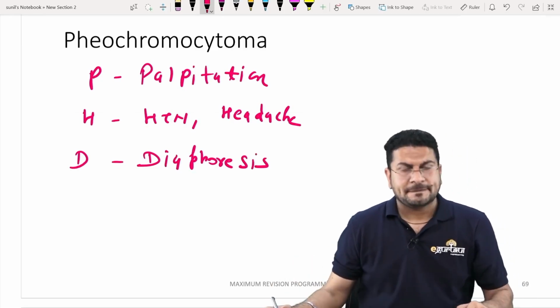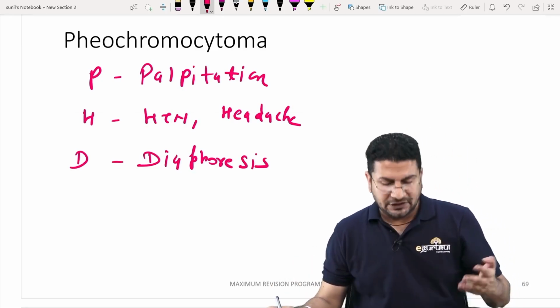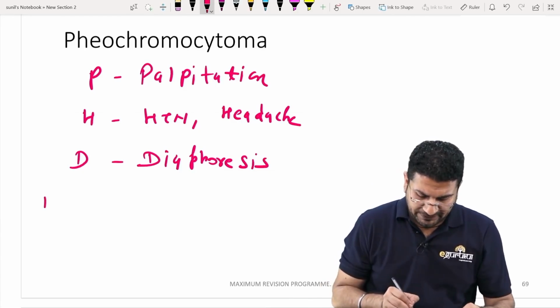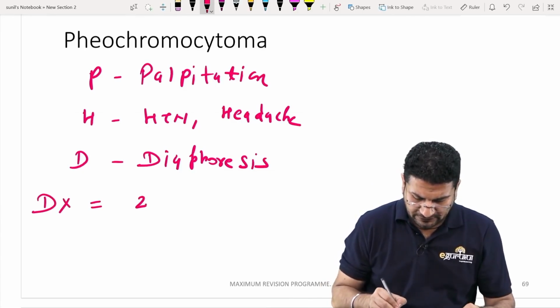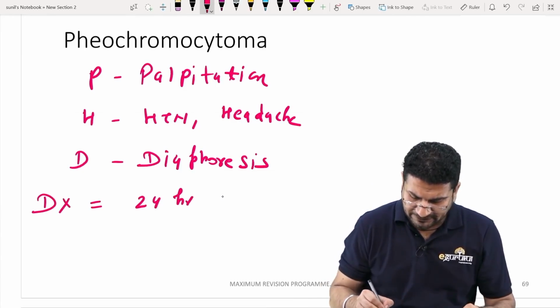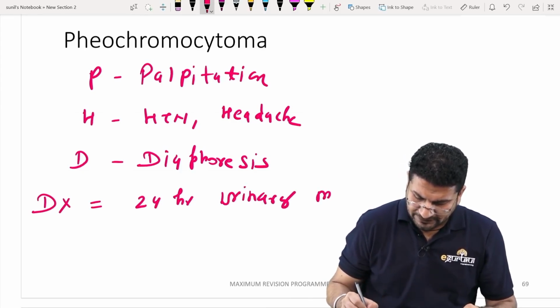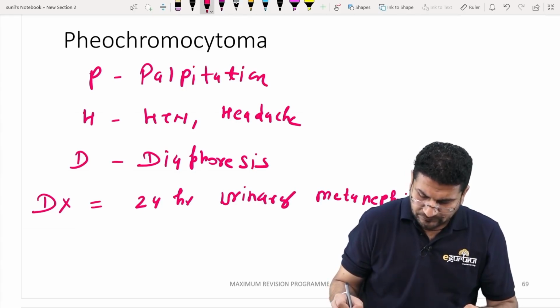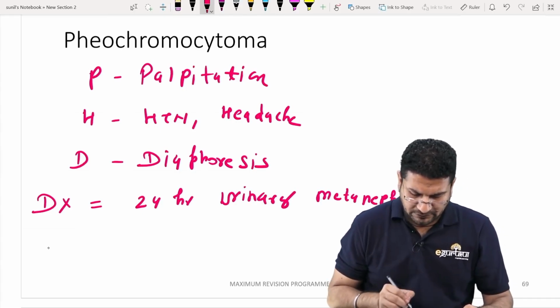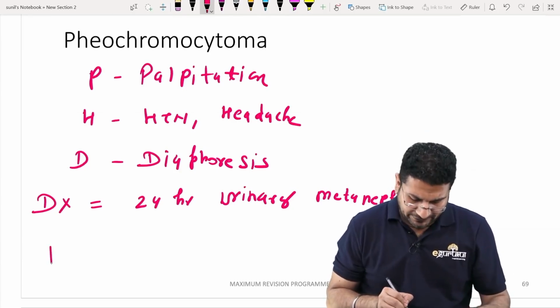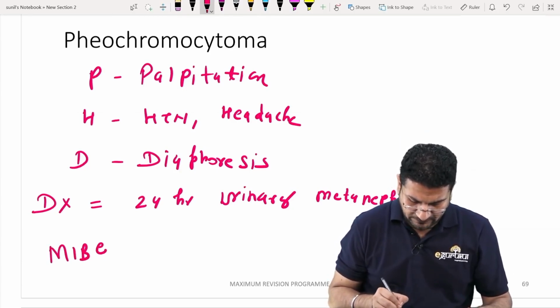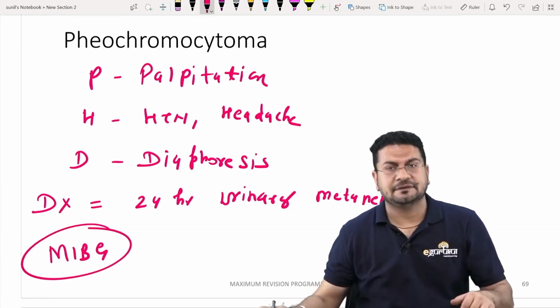Diaphoresis. To make a diagnosis, we can do a lot of things. I just want to mention here 24 hours urinary metanephrines. These are recommended. We can do some more tests for this. There are many tests, but if I want to go a little fast for your revision, we can do an MIBG scan.